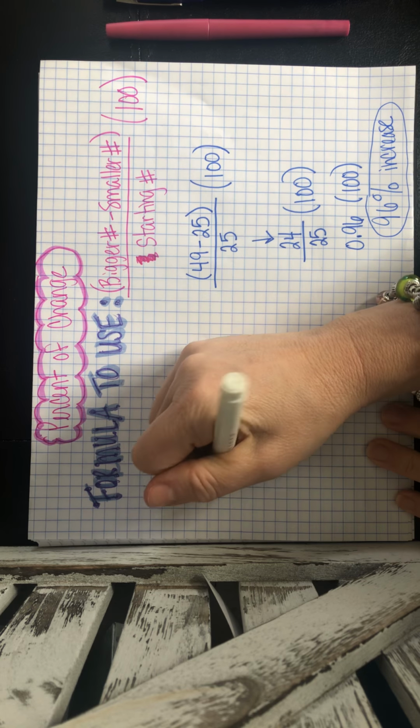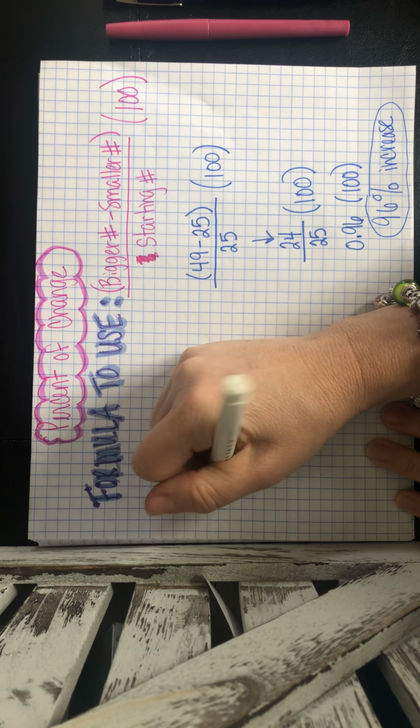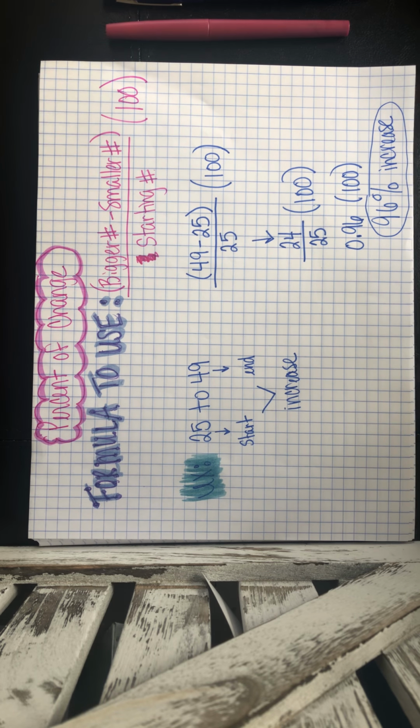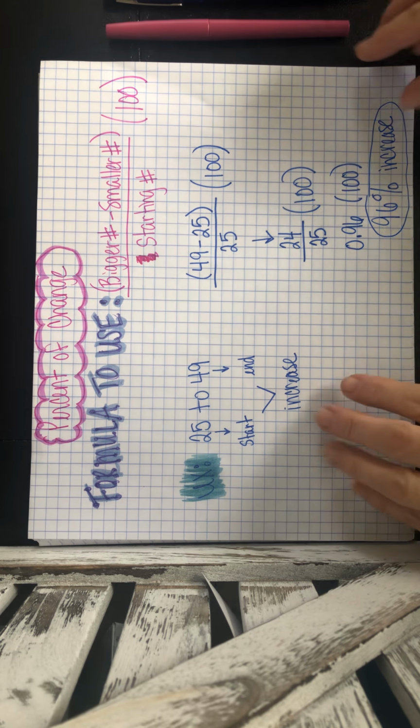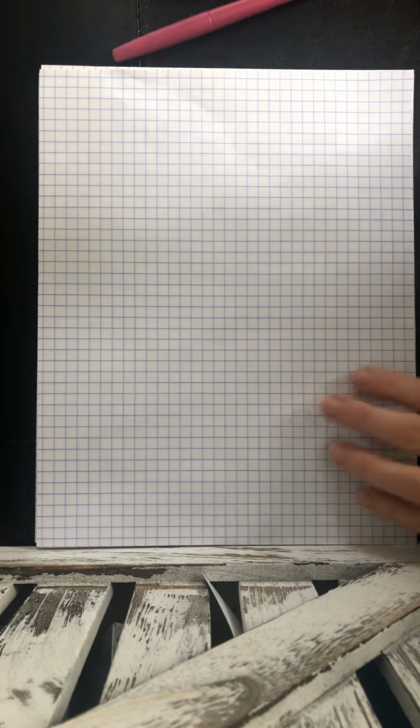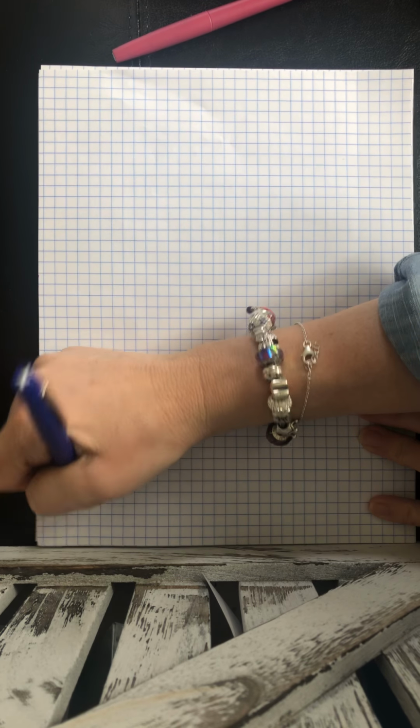And then we'll take a look at what a word problem would look like, how we can determine the beginning to the ending. Okay, so let's take a look at a word problem. I'll write down a word problem for you to look at.